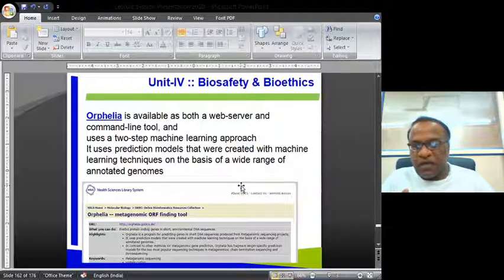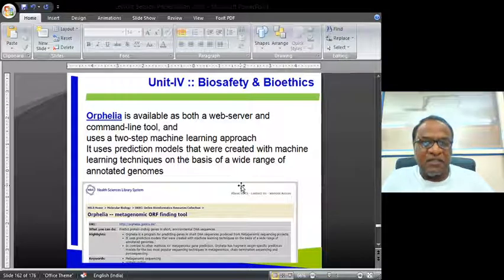Now people are discussing a lot about AI and machine learning. A lot of advancement has taken place in utilizing the principles of AI and machine learning to decode the genome sequence secrets.